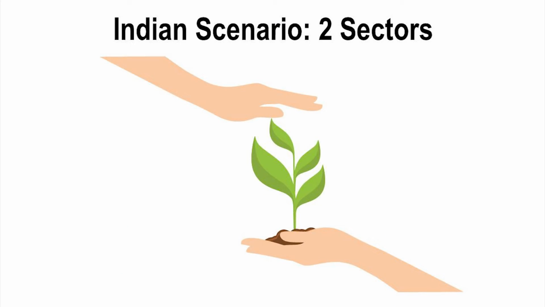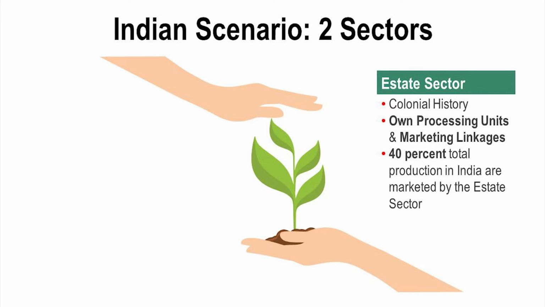And if we look at the Indian scenario, then we have two broad sectors dominating the tea sector. The first one is the big estate sector, where we have the large companies doing the tea cultivation commercially, and these are the tea estates. If we look at these estates, first of all, we have to notice that these estates have a colonial history.